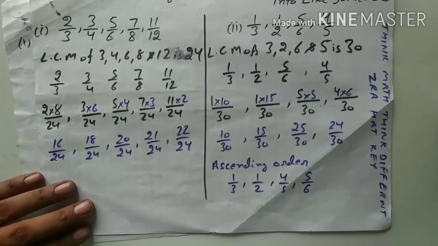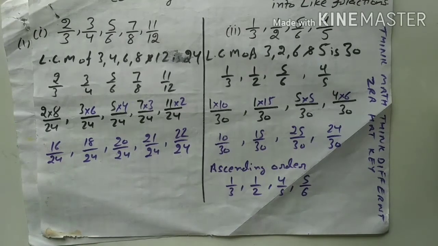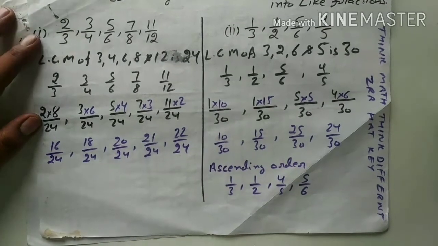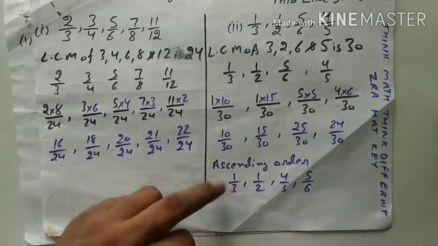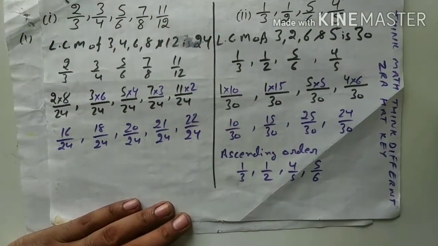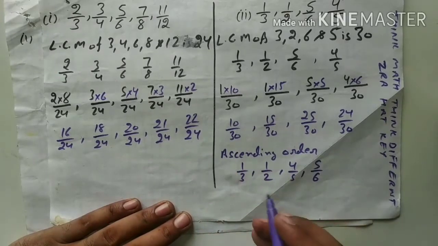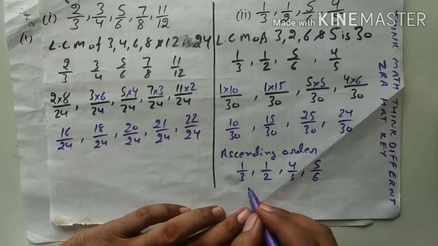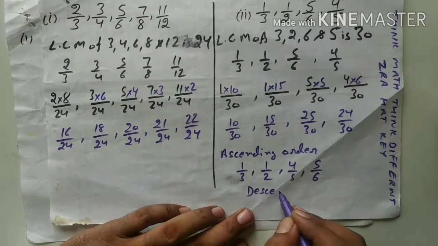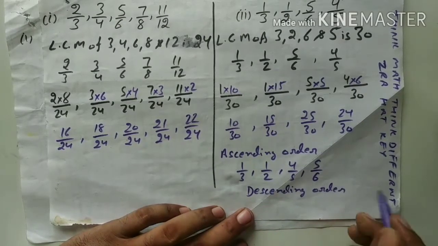If you are told to write any given set of unlike fractions in ascending order, you can adopt this method. Now, once you have written in ascending order and you have to turn it into descending order, what will you do?